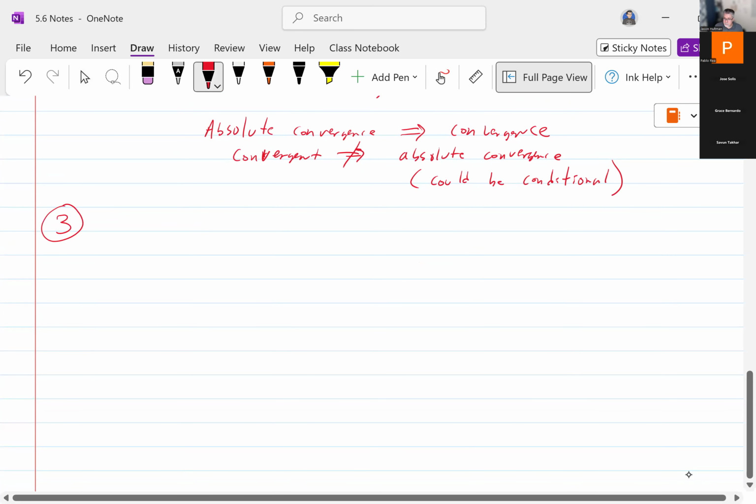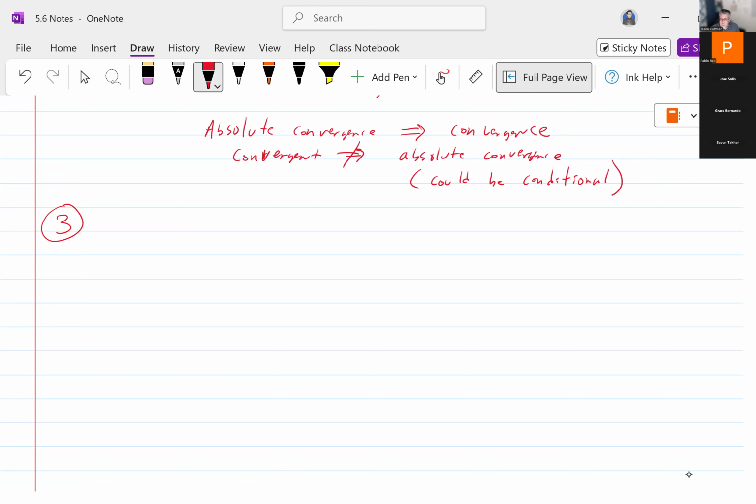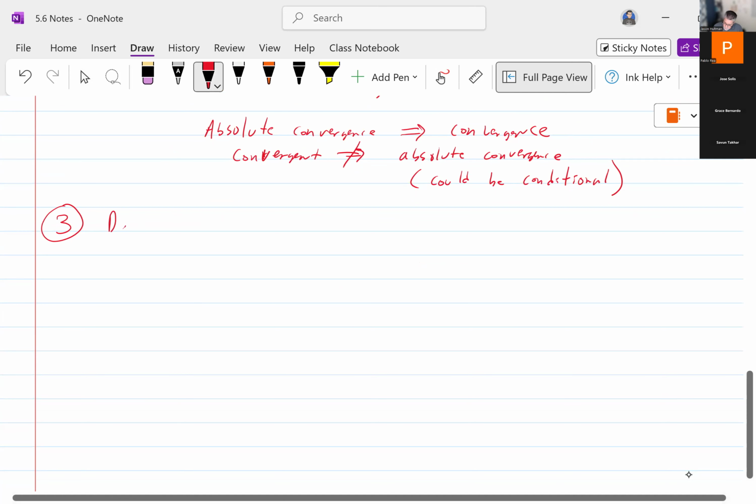Okay, number 3. Determine if the series summation n equals 1 to infinity of cosine n over n is convergent or divergent.